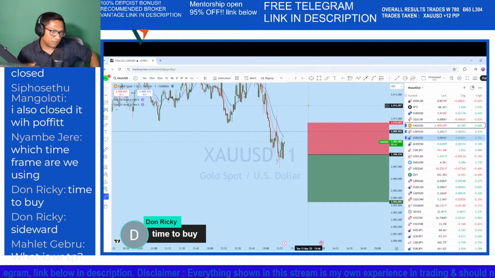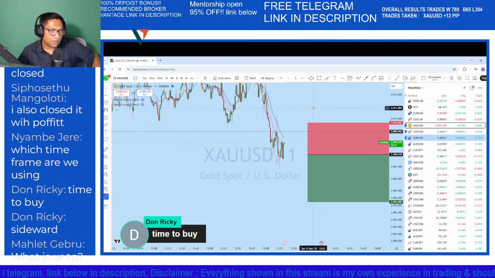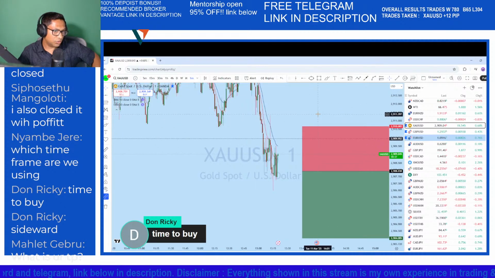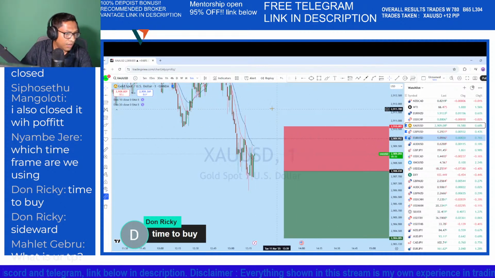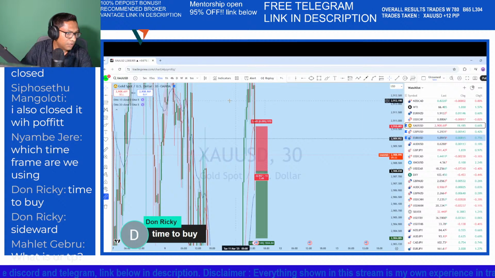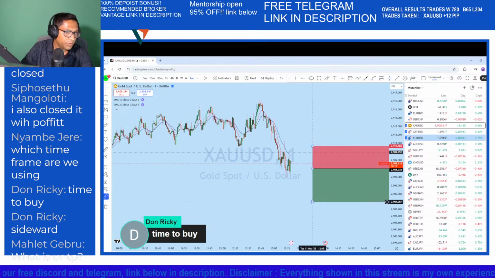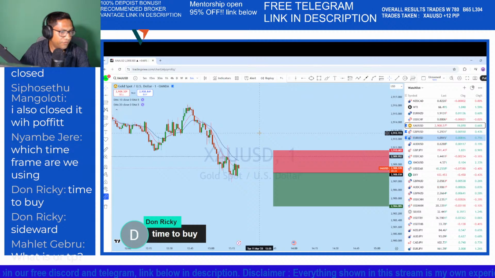We might see that deeper liquidity gap, which we could see happen in that area. But if you look at the 1 minute, very fragile structure here.